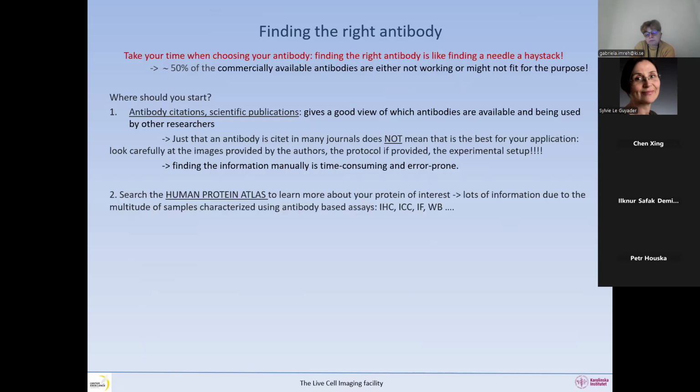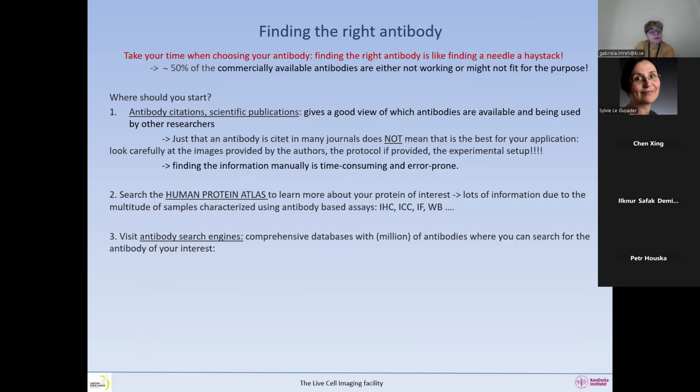Another place I suggest you look, and sometimes even start with, is the Human Protein Atlas, where you should go to learn more about your protein of interest. This database has a tremendous amount of information regarding proteins, due to the multitude of samples they characterize with antibody-based assays.